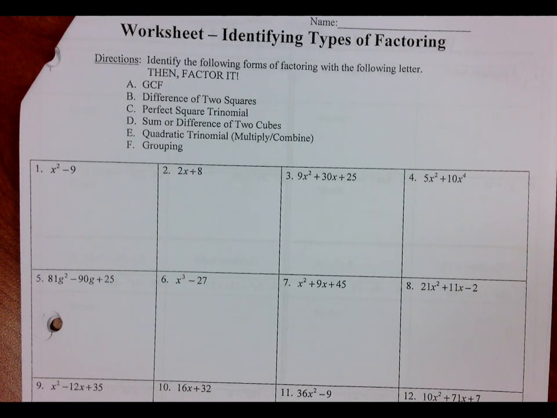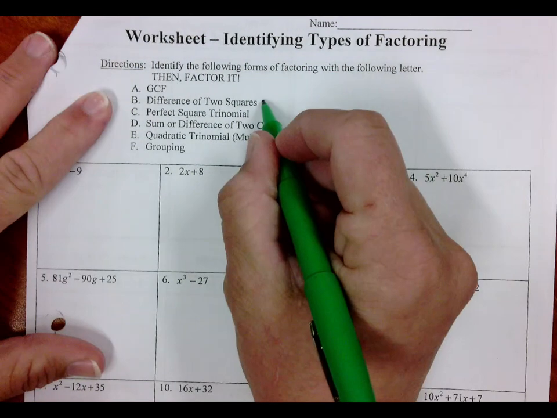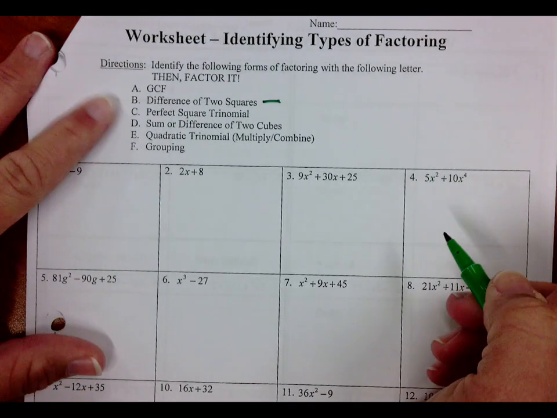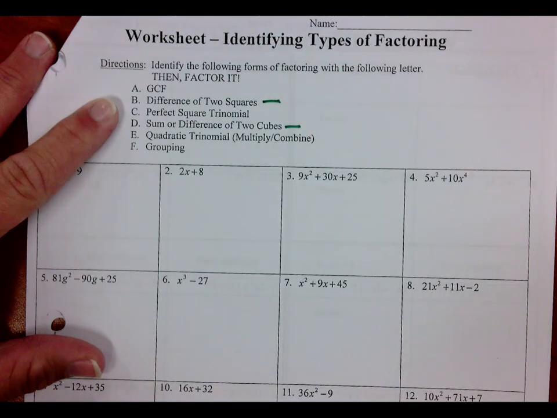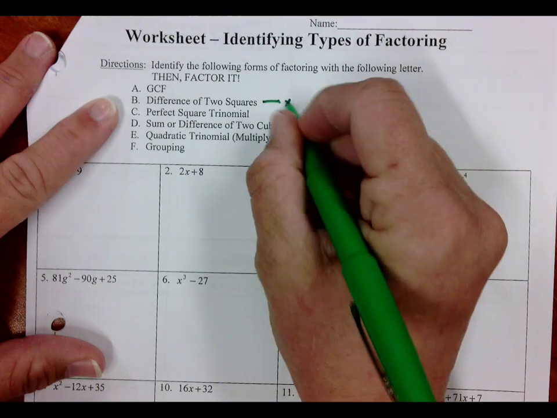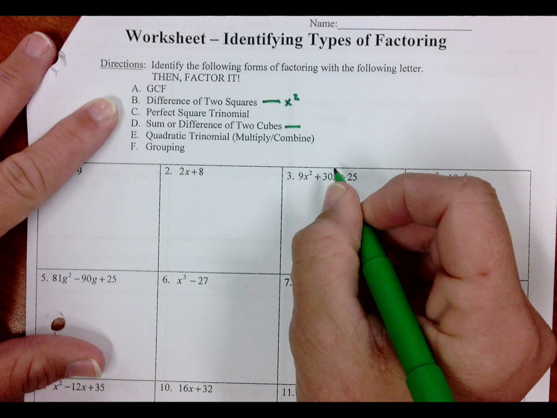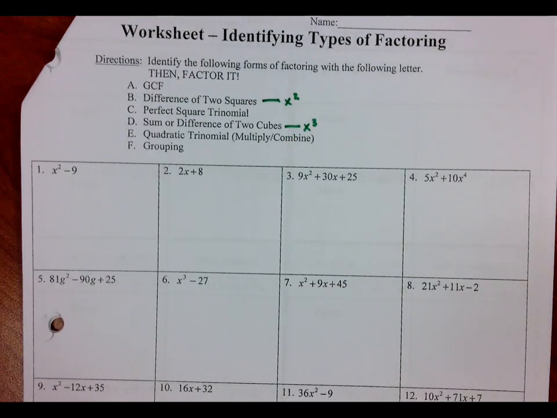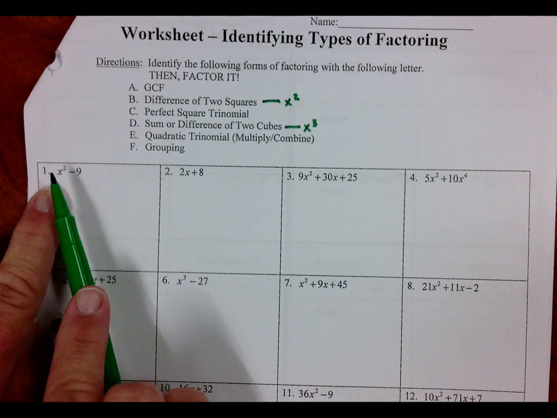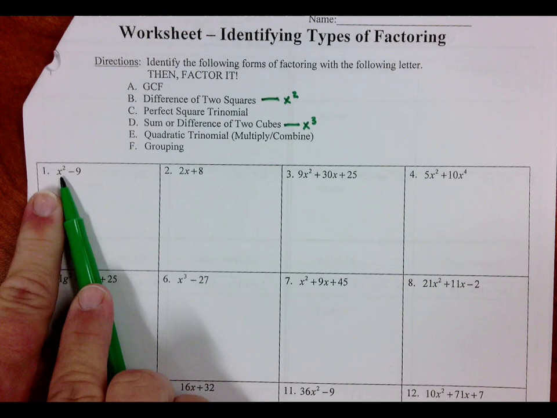So let's start with the 2's, right? If it's 2's, it's either going to be a difference of squares, if it only has 2 terms, or a sum and difference of cubes, right? This one has a little 2, only 2 terms, and this one has a little 3. So go through and look at each one that has 2 terms and see, does it have a little 2 or a little 3?